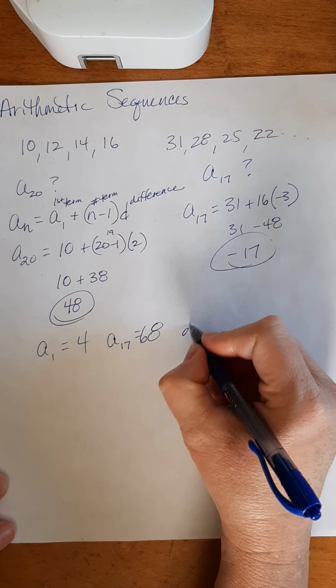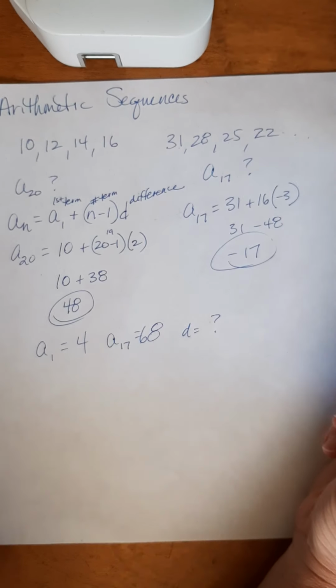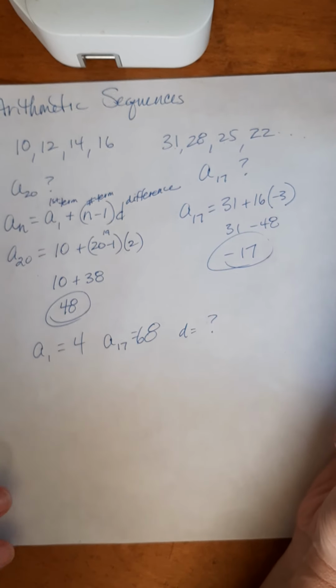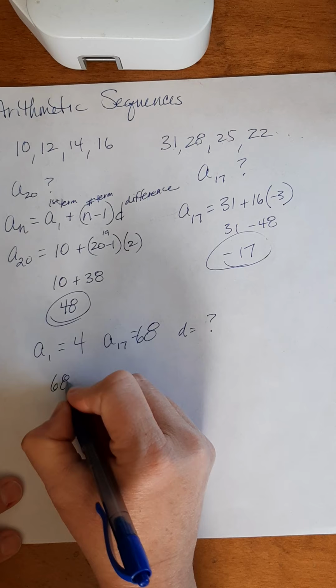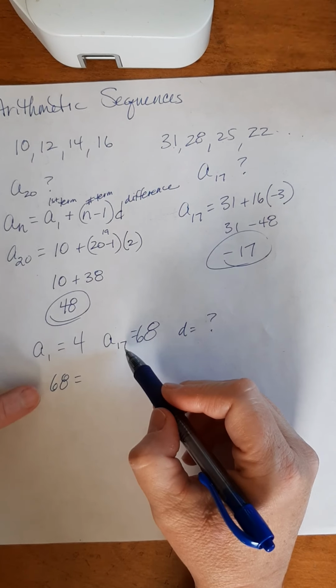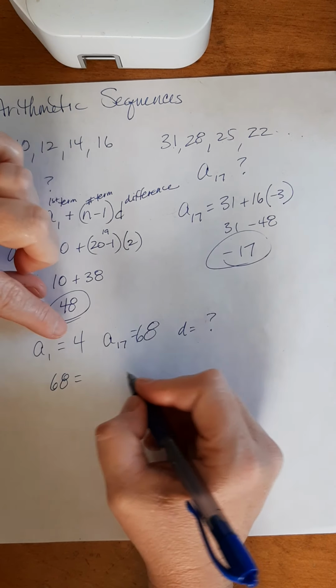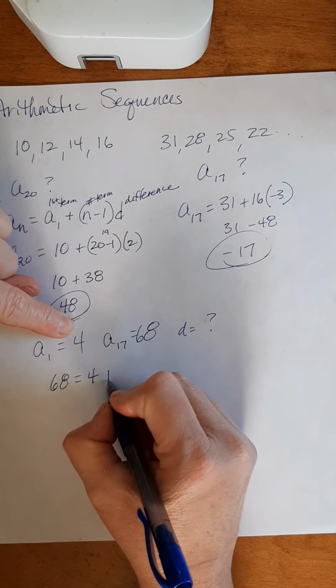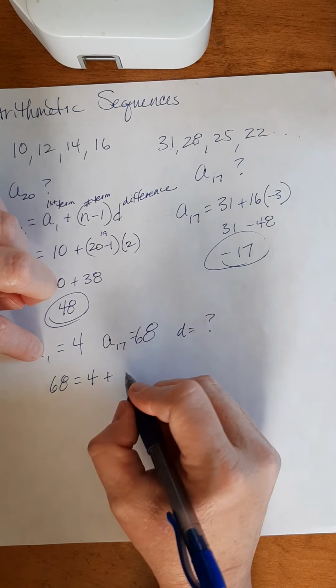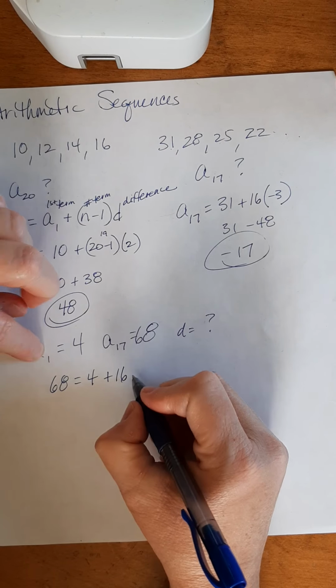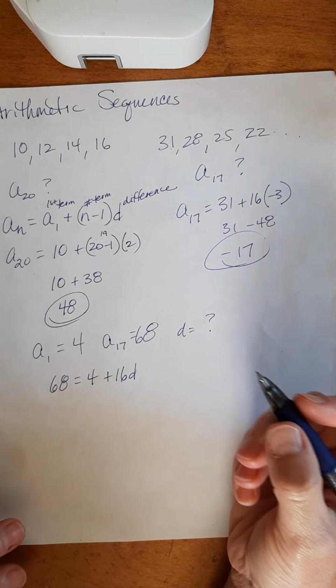And let's say I want to find the difference. Well, you can plug in the formula. 68, the 17th term, equals the first term 4 plus n minus 1, 16, d.